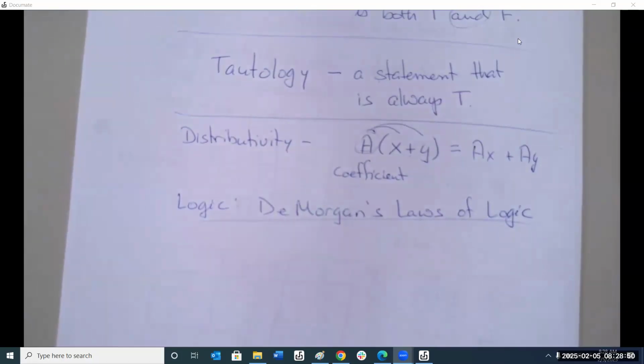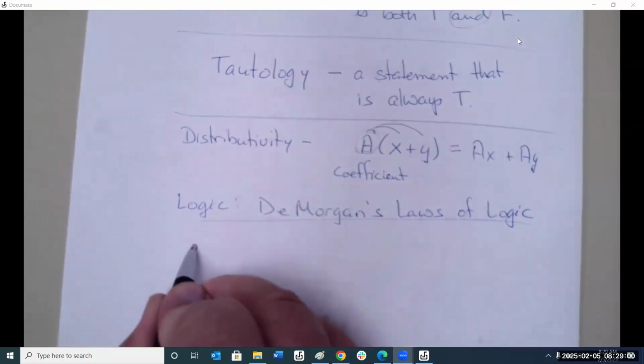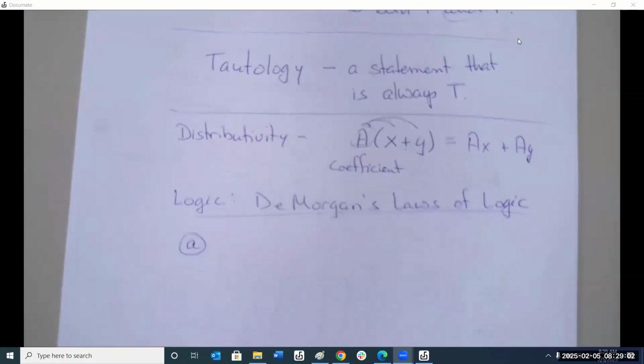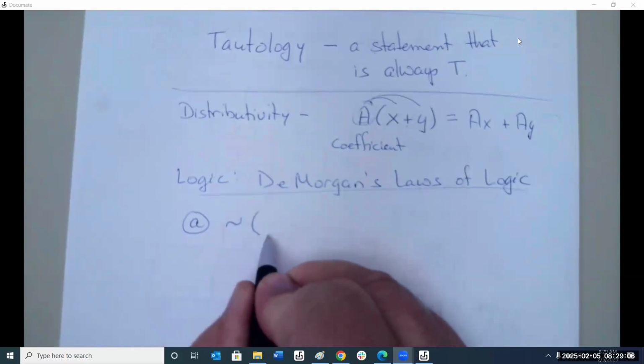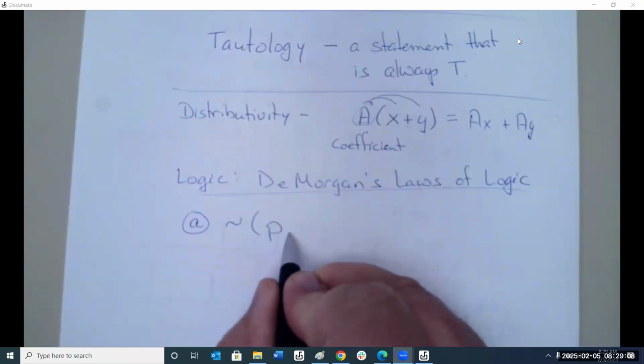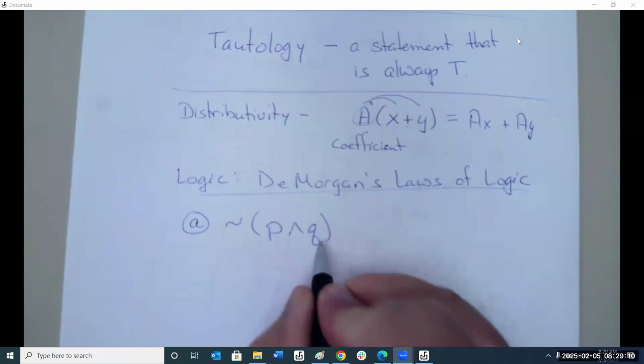Remember, everything in mathematics has to fit the philosophically logical constructs. So we have two of them. De Morgan's laws. It says this: not (P and Q).